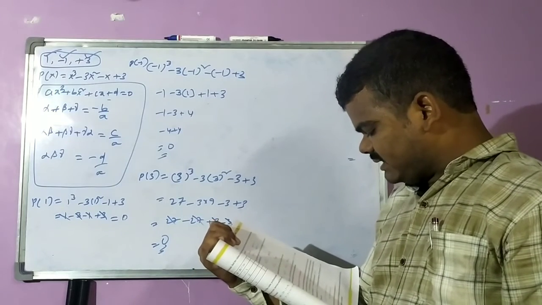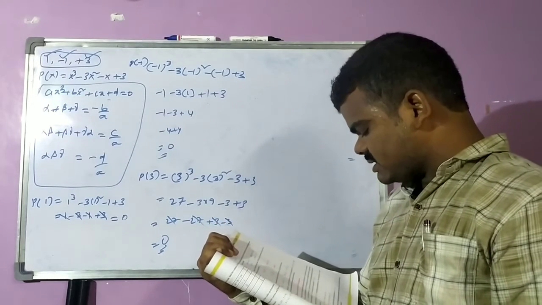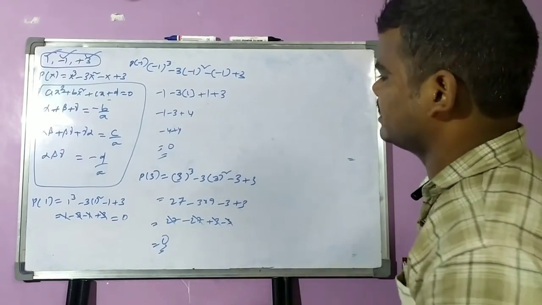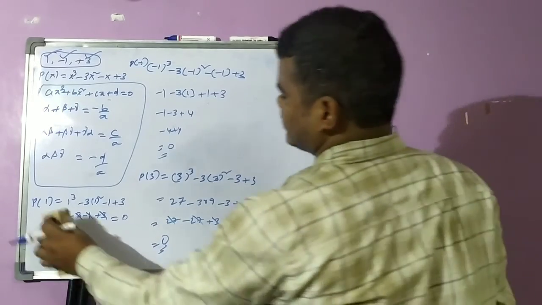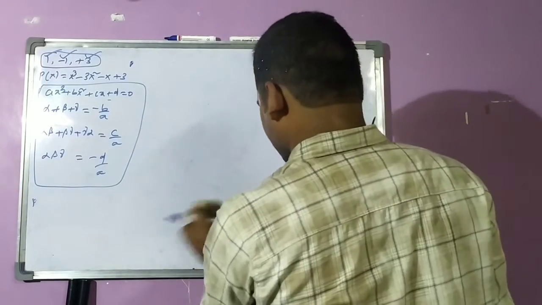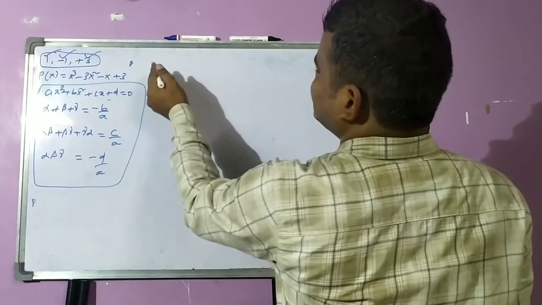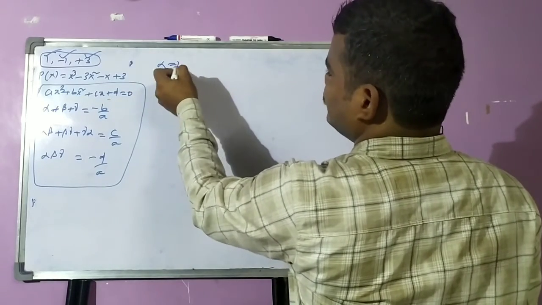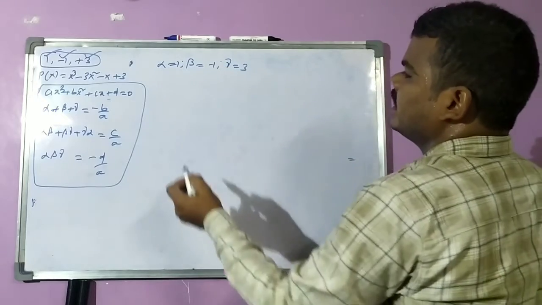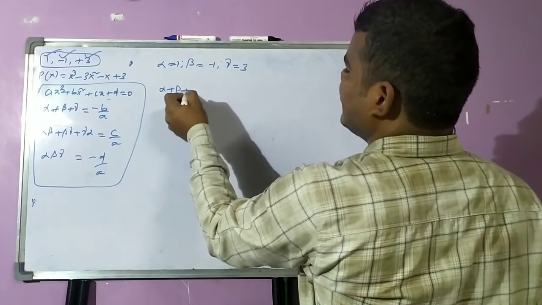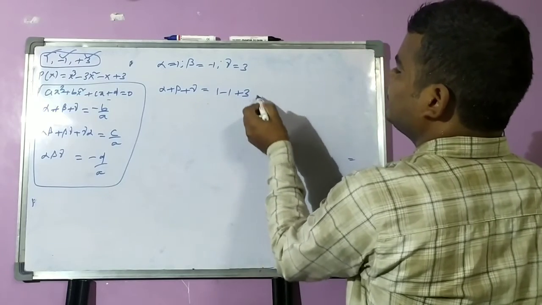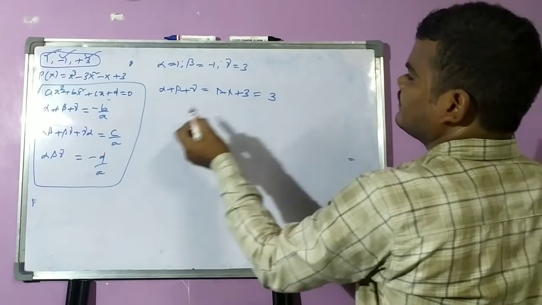Now, having verified the zeros of the given polynomial, check the relationship between the zeros and the coefficients. What is alpha here? 1. Beta is minus 1. Gamma is 3. Alpha plus beta plus gamma is equal to 1 minus 1 plus 3.